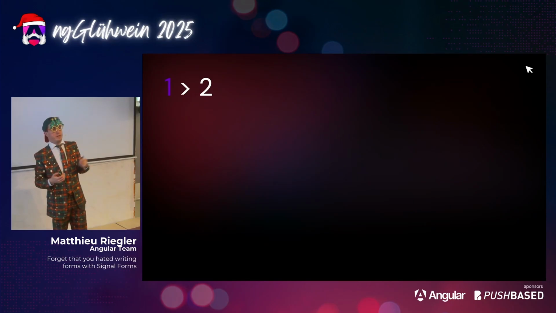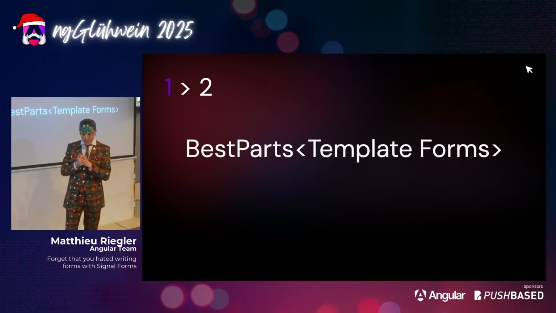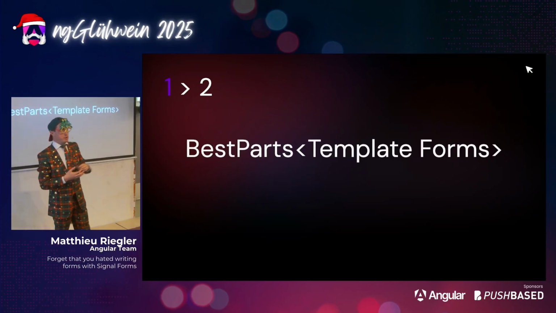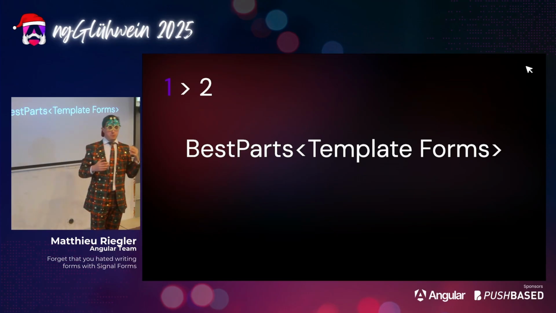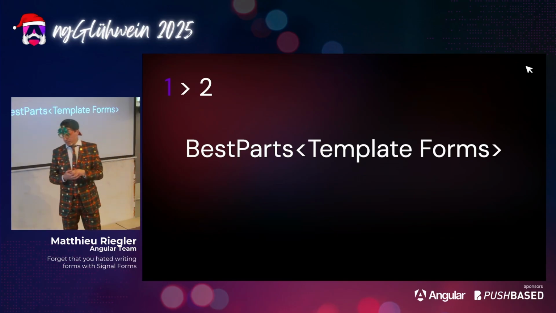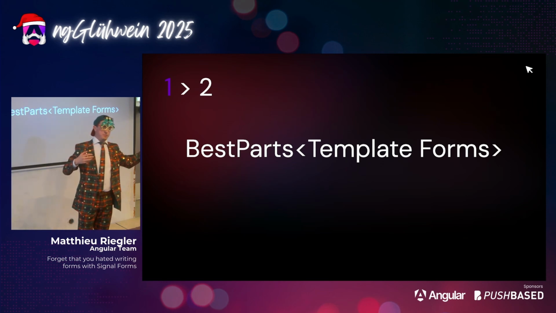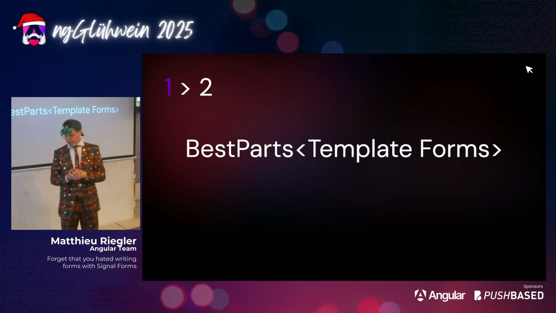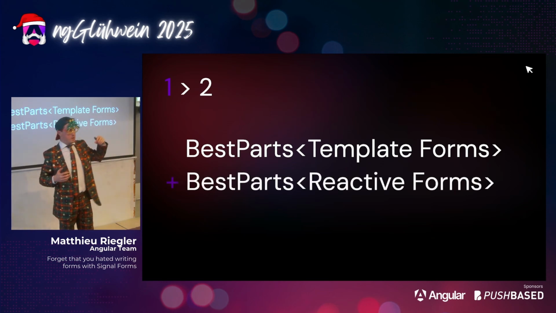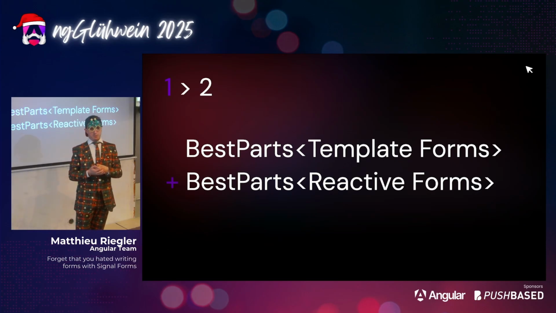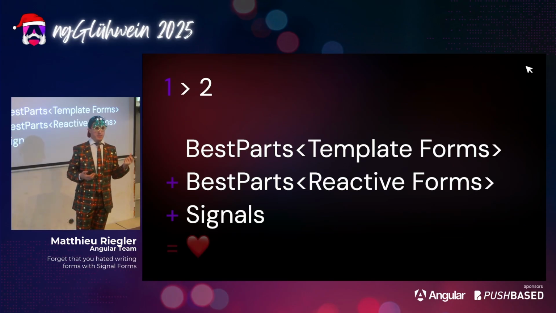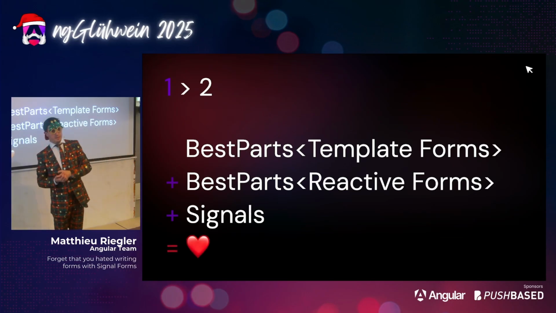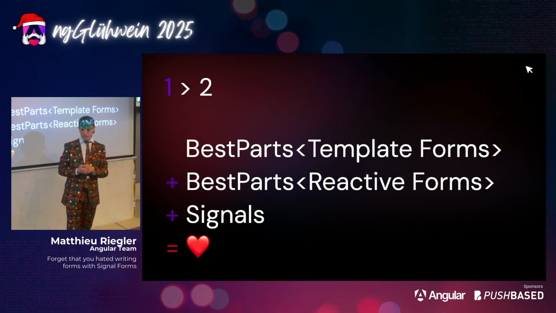One API is better than having two. And by doing this, we wanted to use the best part of template-driven forms, the fact that it was declarative in the templates, and we also wanted to use the best parts of reactive forms, the fact that it's more composable. And of course, we added writable signals, and that will make our developers happy.